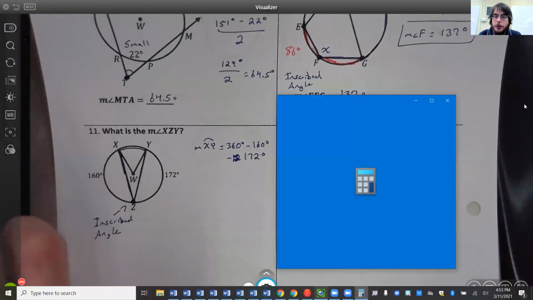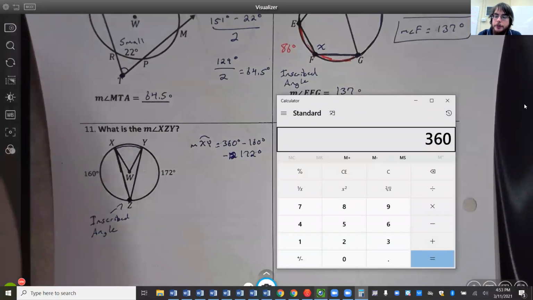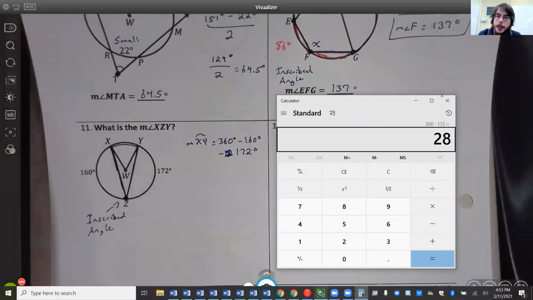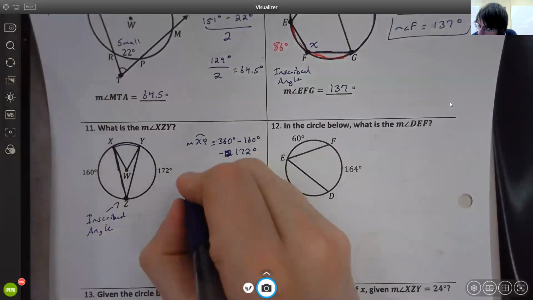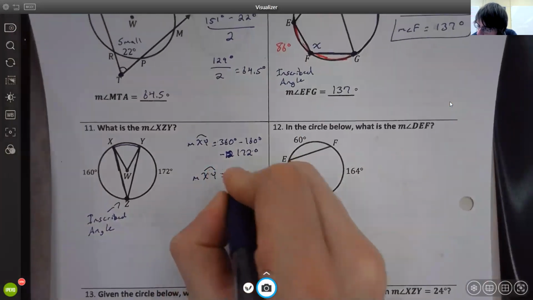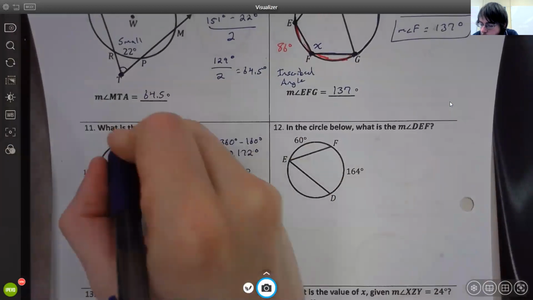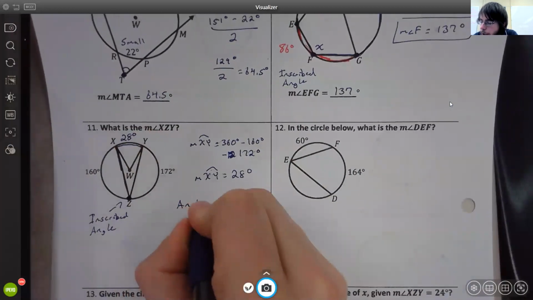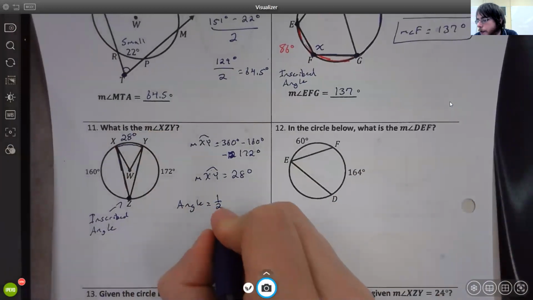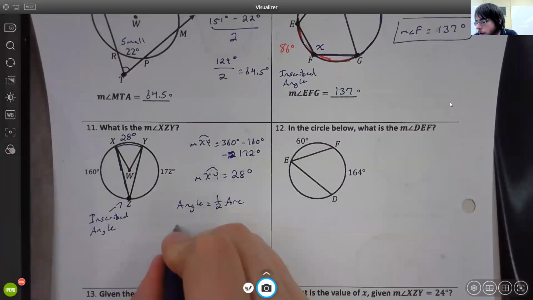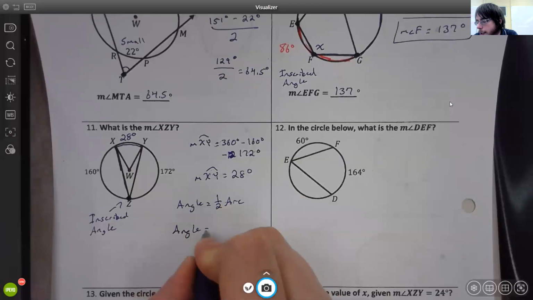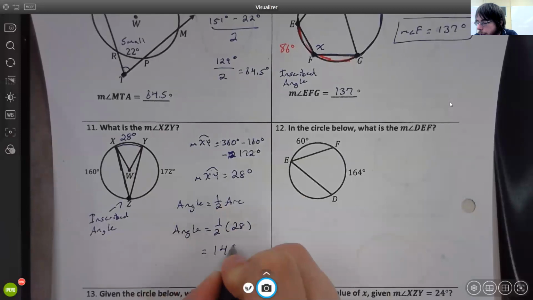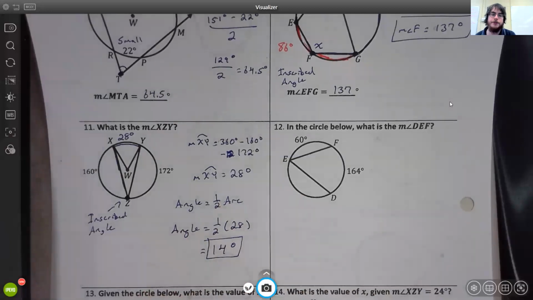And when you do that, I believe you get 28, but I just want to make sure. Yes, 28. 28 degrees for our arc. And we know that the angle for an inscribed angle is half of what the arc is. So our angle has to be equal to 1/2 of 28, which means it's 14 degrees.